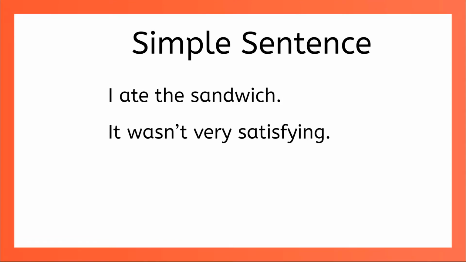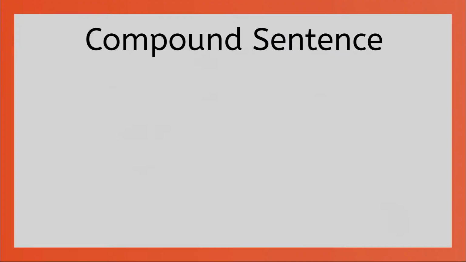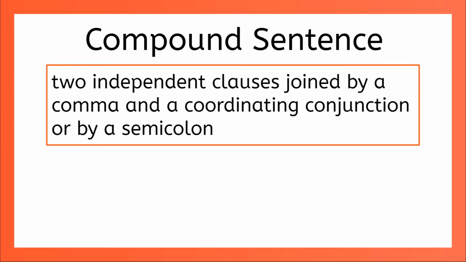However, we can combine the 2 to make a compound sentence by joining them with a comma and a coordinating conjunction. I ate the sandwich, but it wasn't very satisfying. I hate it when that happens. Remember, a compound sentence is made of 2 independent clauses joined by a comma and a coordinating conjunction.